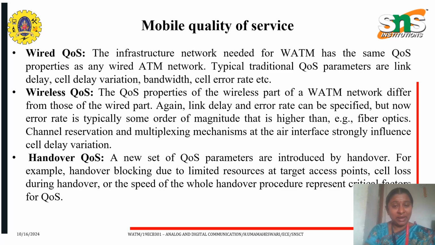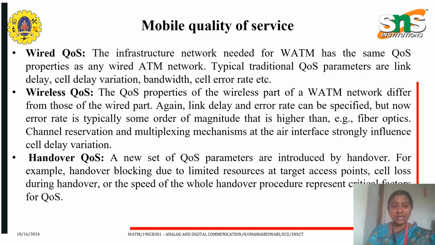The main property is that it differs from those of the wired part. Again, the link delay and error rate can be specified, but now the error rate is typically some orders of magnitude higher than, for example, fiber optics. The channel reservation and multiplexing mechanisms at the air interface strongly influence cell delay variation.